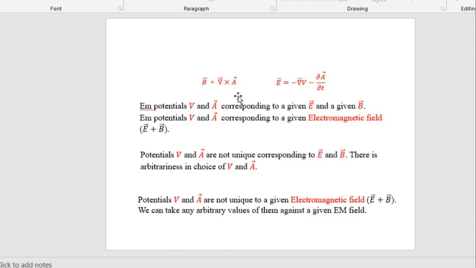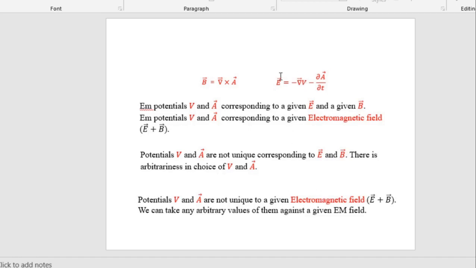Okay, so instead of saying electromagnetic potentials V and A corresponding to a given E and a separate given B, we will say electromagnetic potentials V and A corresponding to a given electromagnetic field, that means E plus B. Further, instead of saying potentials V and A are not unique corresponding to E and B, we will say that potentials V and A are not unique to a given electromagnetic field.